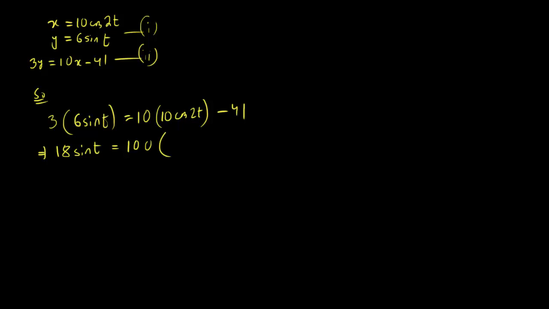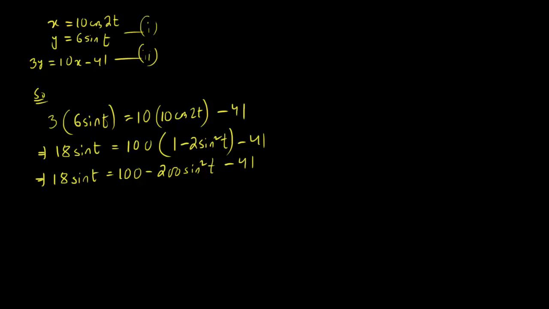Now we know cos 2t is 1 minus 2 sin squared t, minus 41. And in the simplest form, this is going to be 18 sin t equals 100 minus 200 sin squared t minus 41. So if we simplify this and bring everything in the quadratic format, it will be 200 sin squared t plus 18 sin t.